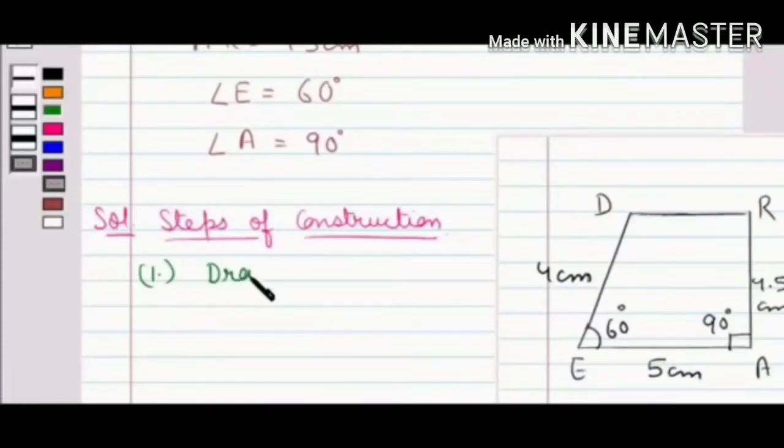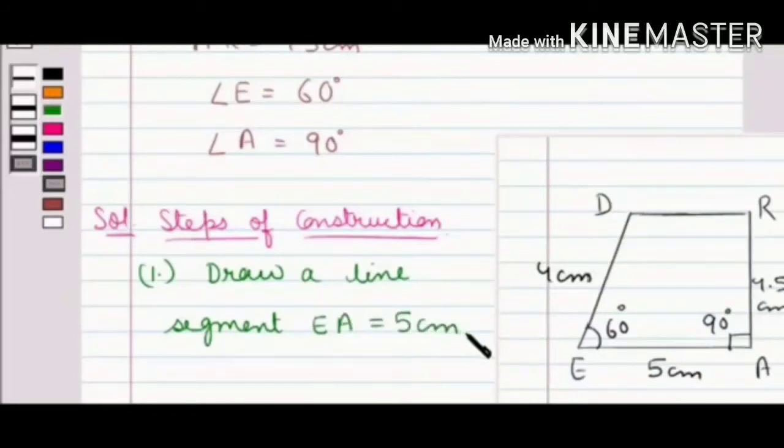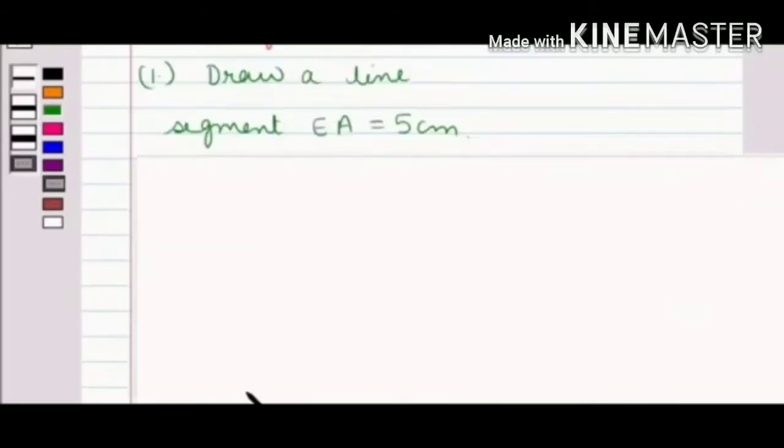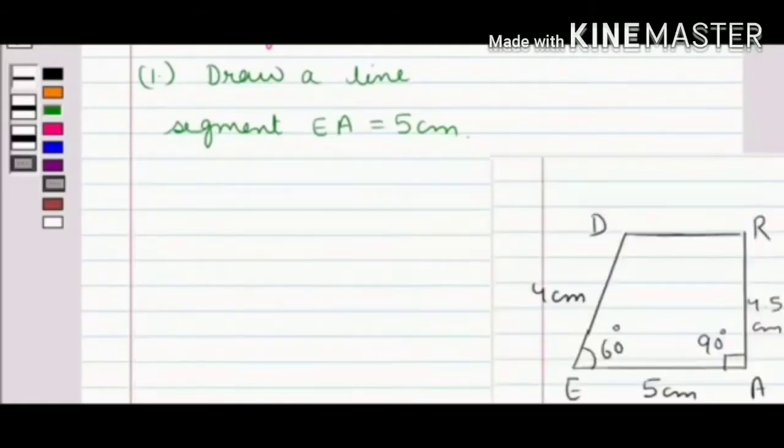draw a line segment EA equal to 5 centimeters. So we have taken a line segment EA equal to 5 centimeters. Now as you can see in the figure, angle E is 60 degrees and angle A is 90 degrees.